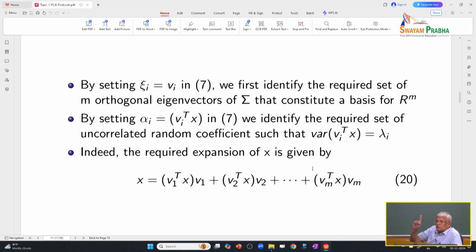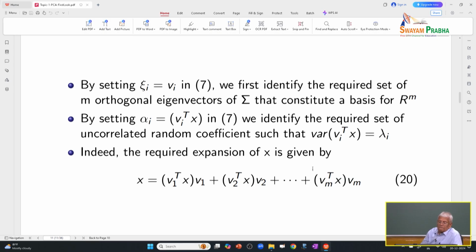You remember, xi 1, xi 2, xi m are required to be the principal directions, and I want them to be linearly independent. If I assign xi i equal to Vi, Vi is orthonormal. Orthonormal vectors are trivially linearly independent.